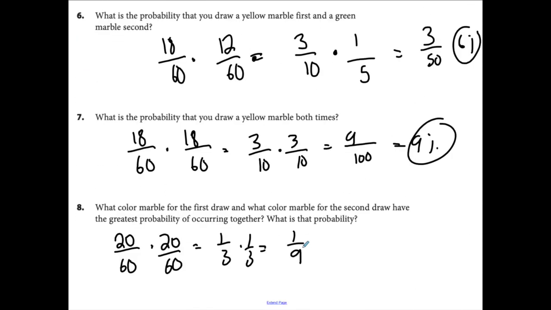Whereas with blues, grabbing 2 blues would be 10/60ths times 10/60ths, which would be 1/6 times 1/6, which would be 1/36. Okay, so this is 4 times more likely to happen. So I would argue the color marble most likely is red and red, and the probability that's going to happen is 1/9 or about 11%.